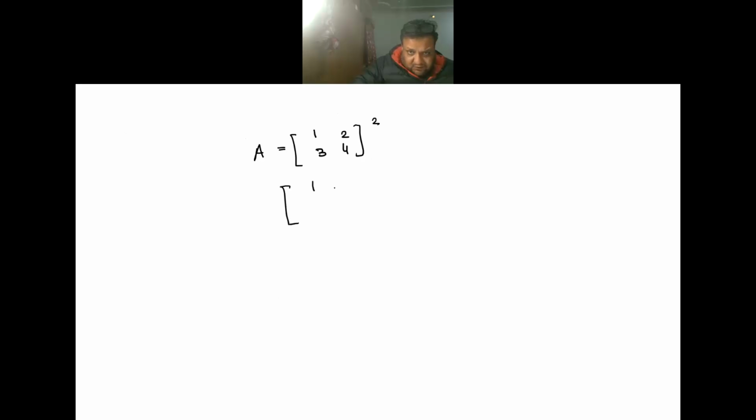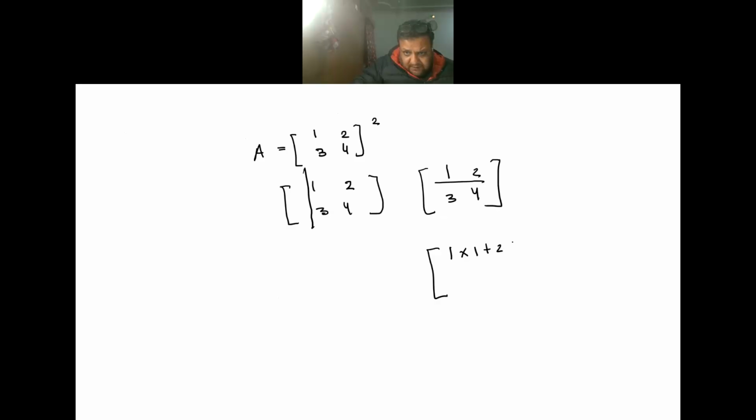So squaring this, you write down 1, 2, 3, 4 and again 1, 2, 3, 4. Just multiply, taking these rows and these columns. First row and first column: 1 into 1 plus 2 into 3.